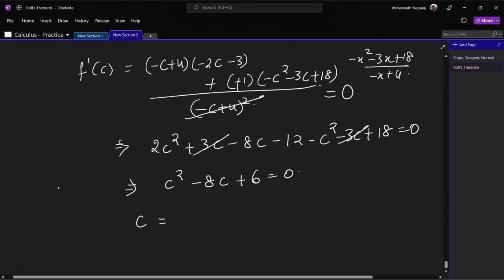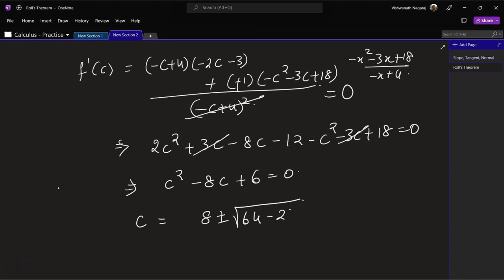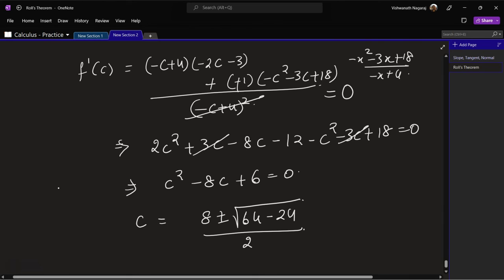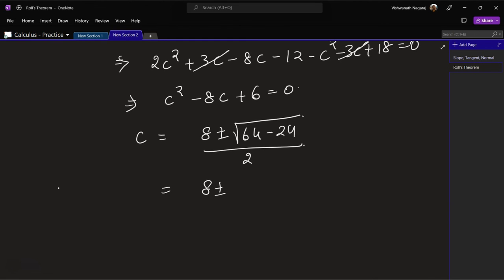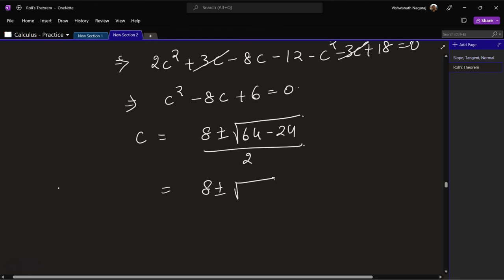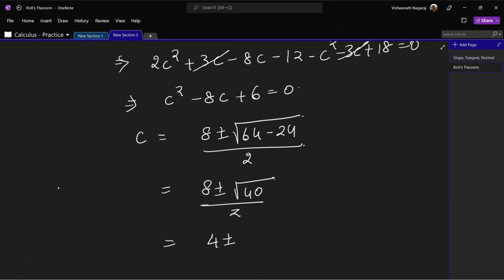So c is equal to, from the quadratic equation, minus b plus or minus square root of b square, which is 64, minus 4ac, so 4 times 6 is 24, divided by 2, which gives us 8 plus or minus 64 minus 24 is 40, divided by 2, which is 8 by 2 is 4 plus or minus 40 can be written as 2 root 10 by 2. 2 cancels, so root 10.